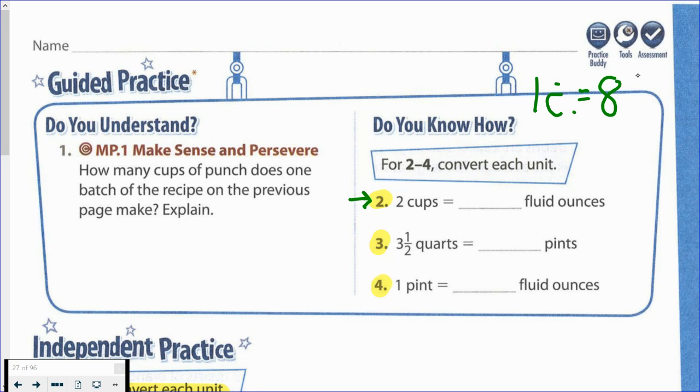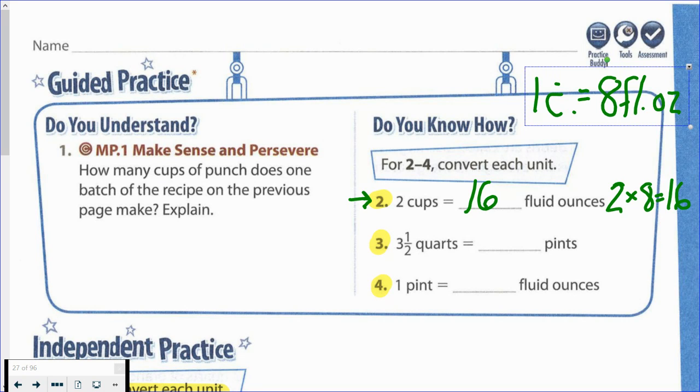If we have 2 cups, there's 8 fluid ounces in the first cup, 8 fluid ounces in the second cup. So we know 2 times 8 is going to give us 16. So there's 16 fluid ounces altogether.